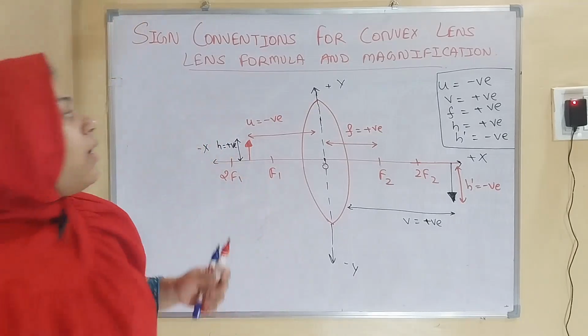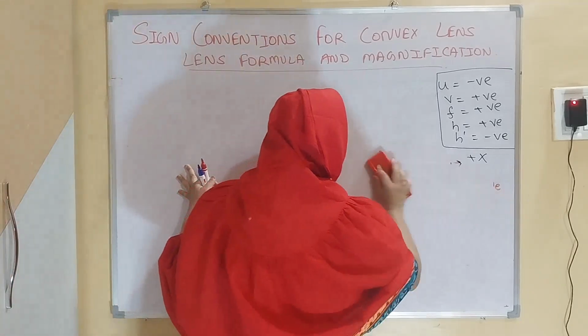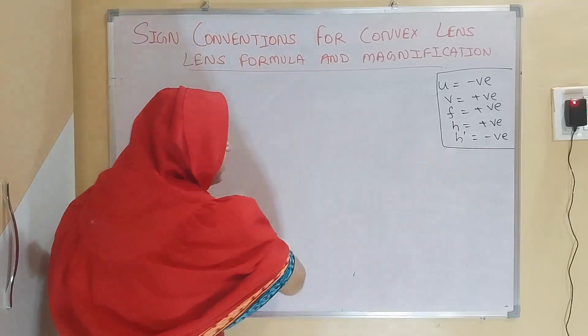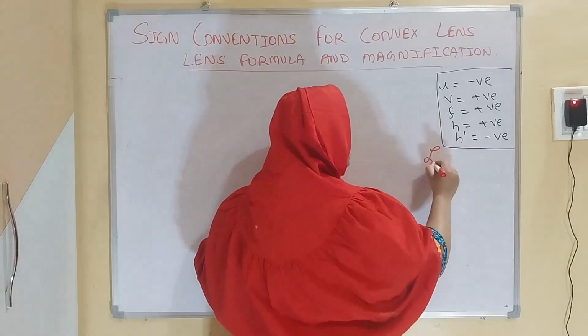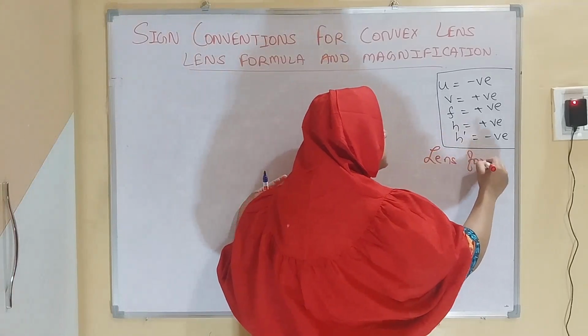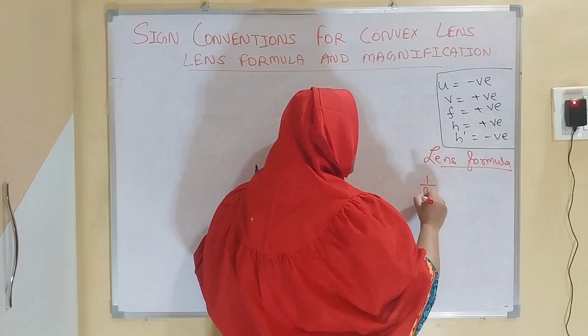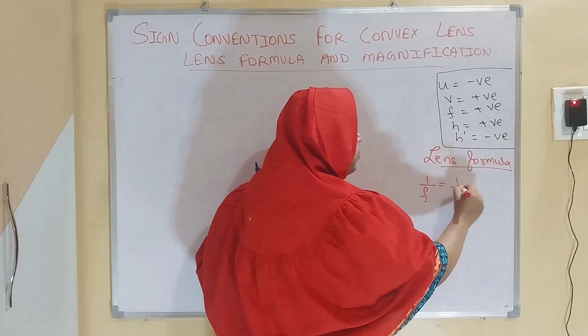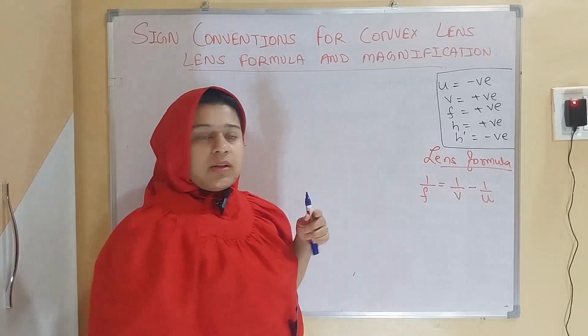Okay. Now, the lens formula. What is the lens formula? The lens formula is very much similar to the mirror formula. The lens formula is 1 upon f is equal to 1 upon v minus 1 upon u.